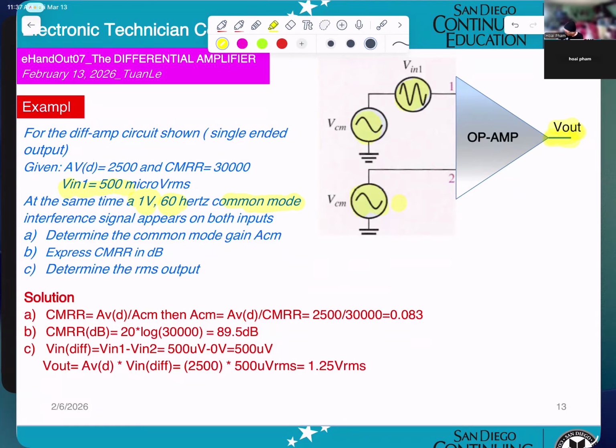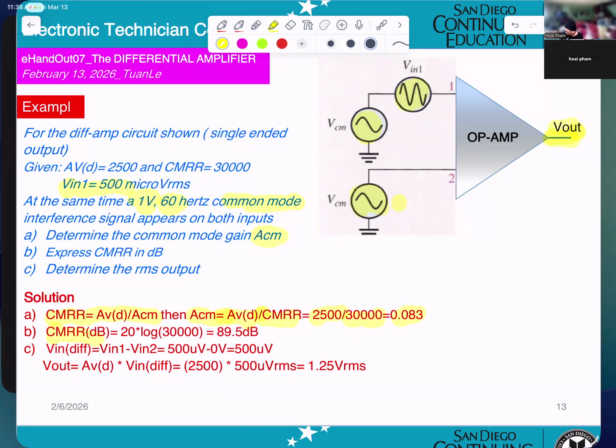A. Determine the common mode gain ACM. You know CMRR equals AVD divided by ACM, so ACM equals AVD divided by CMRR: 2500 divided by 30,000 equals 0.083. Then express CMRR in dB.